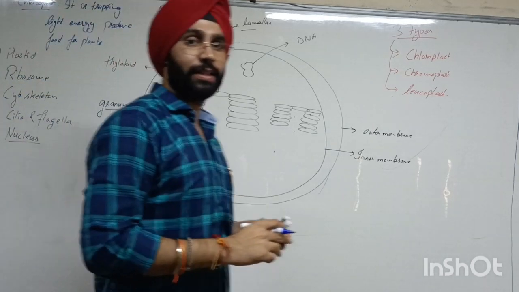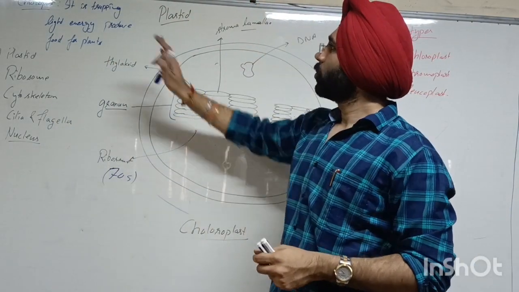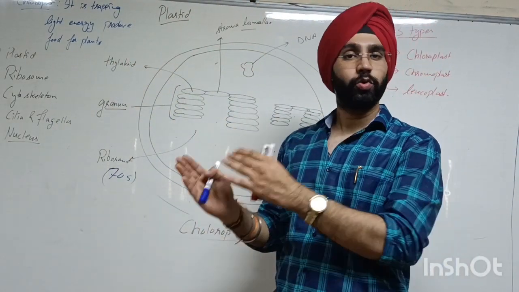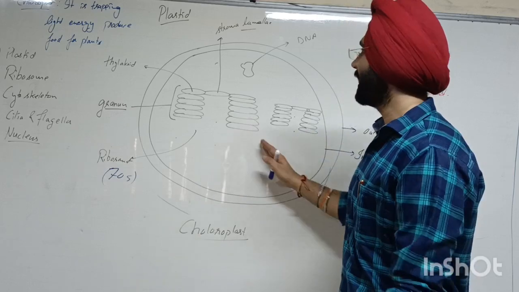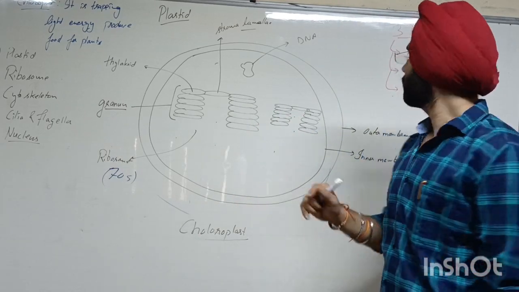Chloroplast helps in trapping light energy. It uses light energy to produce food for the cell. So that is the basic function of chloroplast.